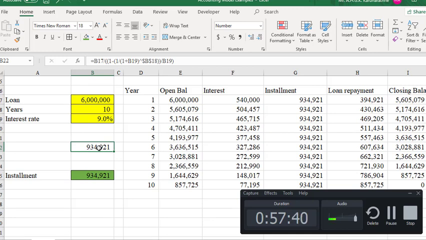It means that if you get a 6 million loan from a government bank, and government banks are now offering loans at a 9% rate, so if you go to a bank today and negotiate a loan of 6 million for a 10-year period at 9%, your annual installment value definitely will be 934,921 rupees.